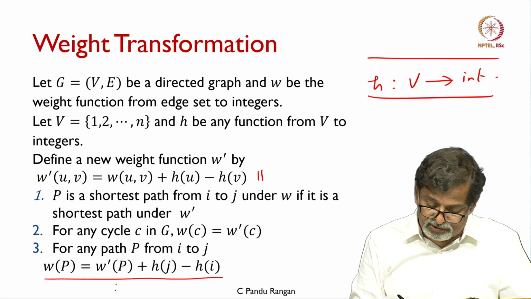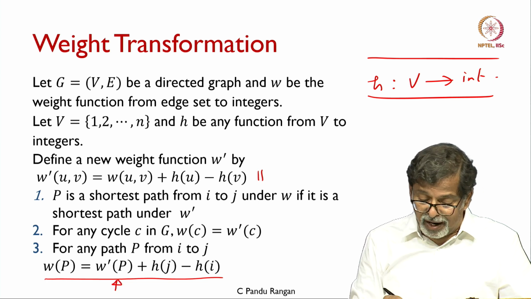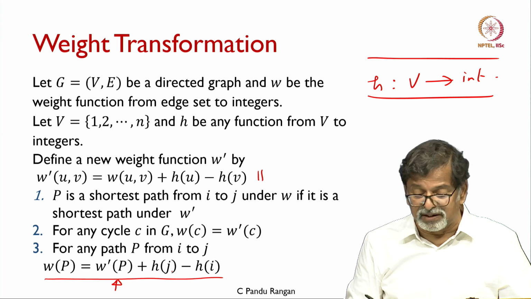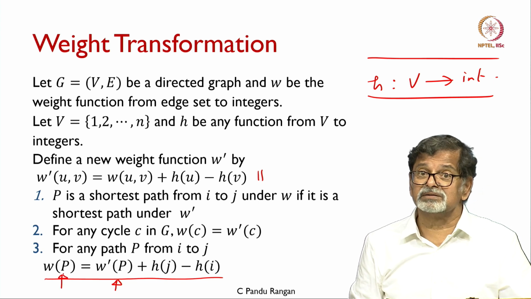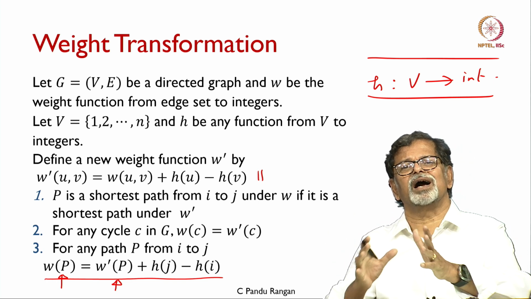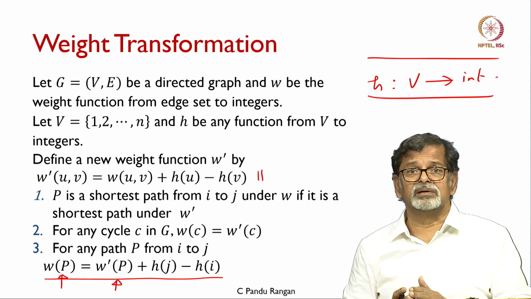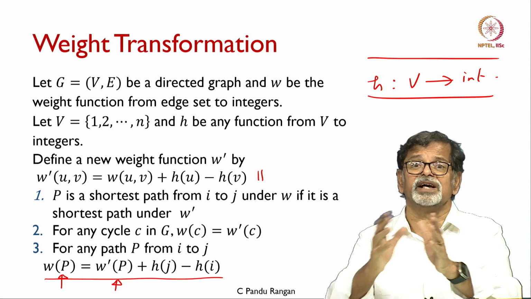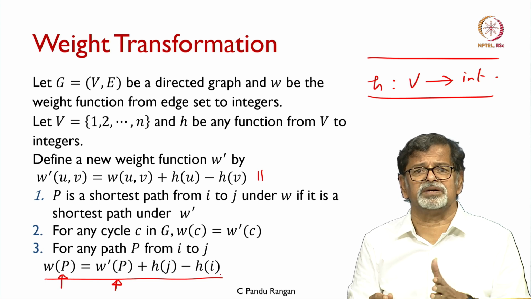What we have to do is take the weight under w dash, add h of j, subtract h of i, and you are getting the weight of the same path under w. Therefore, after finding the shortest path under w dash, we do not change the path, but we can change the weight by this very simple operation.